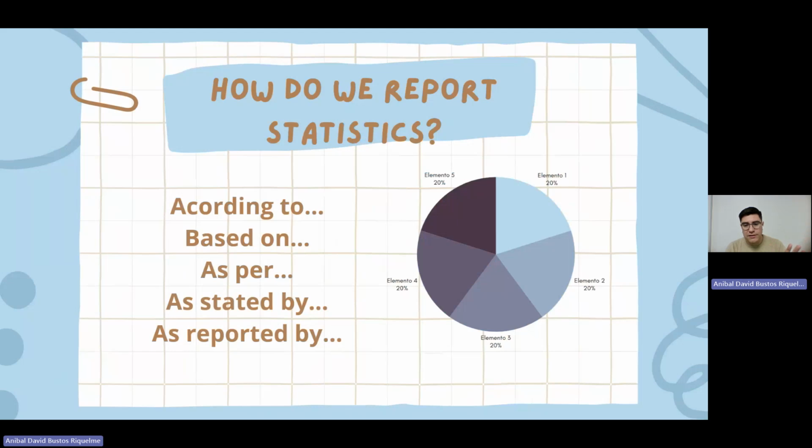Generally, we start with one of these phrases or phrases similar: according to, de acuerdo a; based on, basado en; as per; as stated by, como es señalado por; as reported by, como es reportado por; and then we have some sort of quote or some sort of information or report.